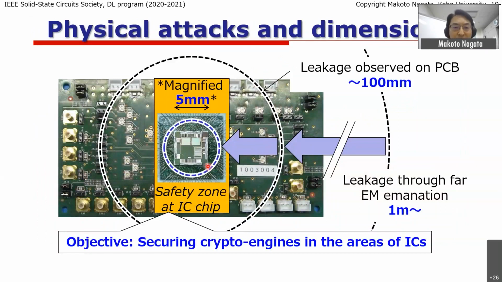If we have the chip, the size of the chip is typically like 5 millimeters or 10 millimeters or even smaller. And the EM can be radiated from the chip surface when the circuits are operating.